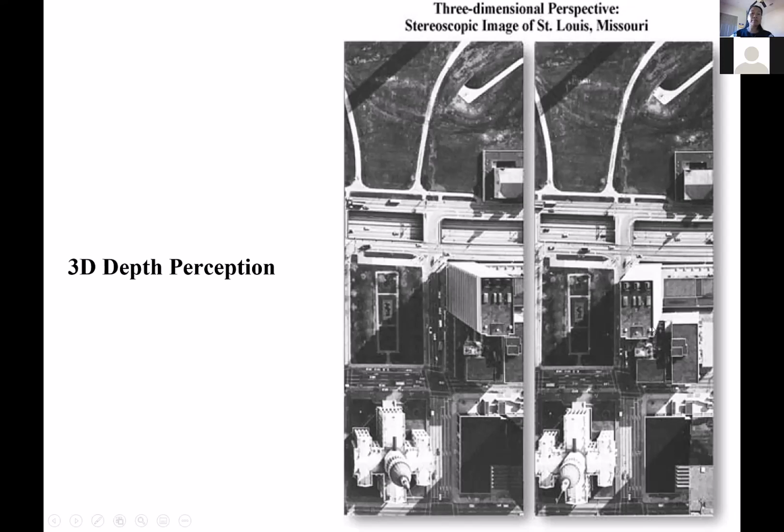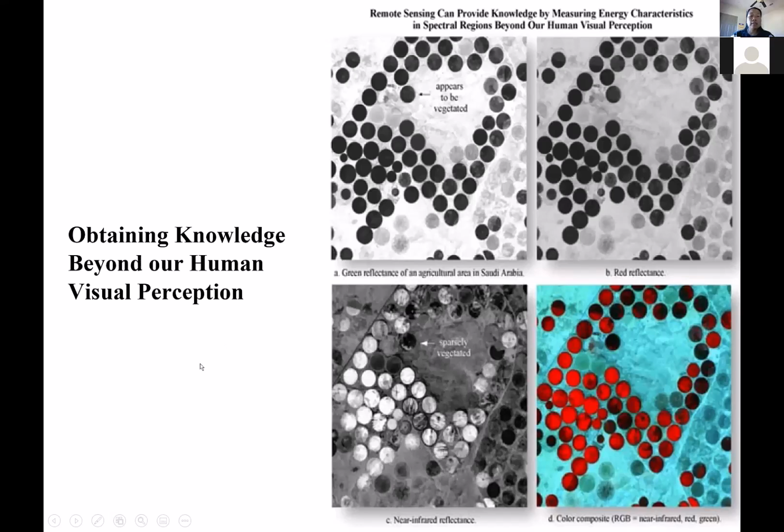Also understand that when you use remote sensing sensors, you may have spectral bands that are way beyond your human eyes' sensitivity. For example, here you have the green reflectance of an agriculture field, and then red, and then near infrared. When you have this red near infrared color composite, it will show red as plant.